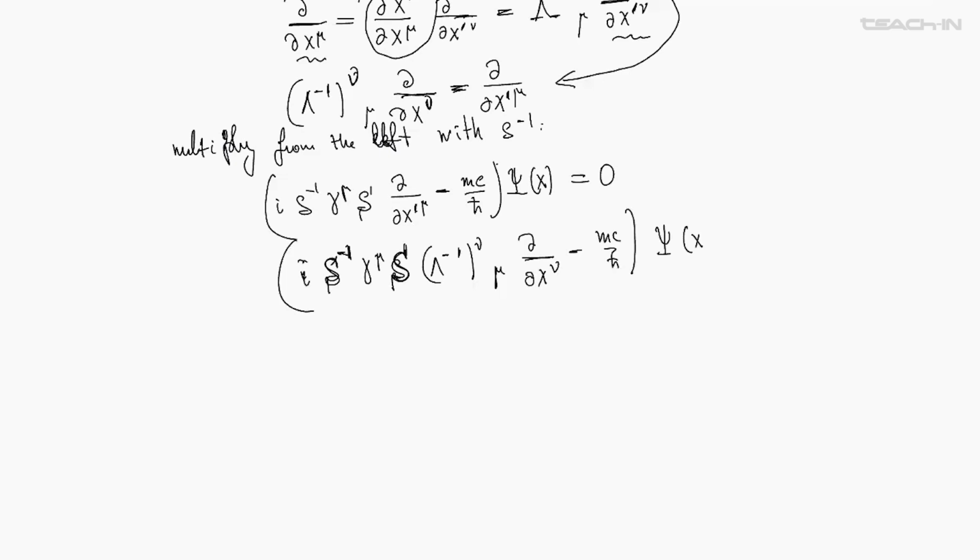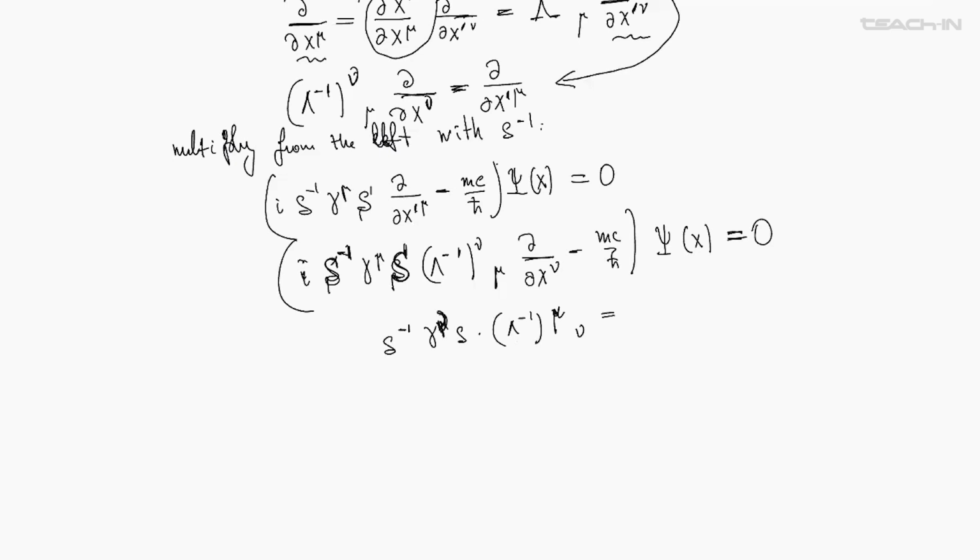So you see that I will reproduce the old form of the Dirac equation, the Dirac equation in the original frame, if I impose the condition S^{-1} γ^μ S multiplied with Λ^{-1}, let me see here, I will put here index ν, summation index changed a little bit, so ν, μν is equal to γ^μ.